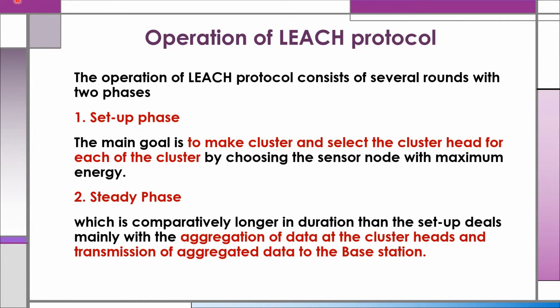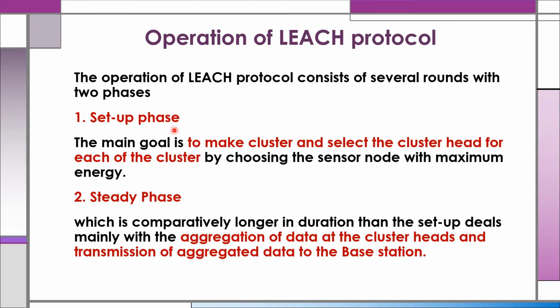So, the operation of the LEACH protocol. The operation of the LEACH protocol consists of two phases. One is called the setup phase, another one is called the steady phase. In the setup phase, the main goal is to make a cluster and select the cluster head for each cluster by choosing the node with maximum energy.